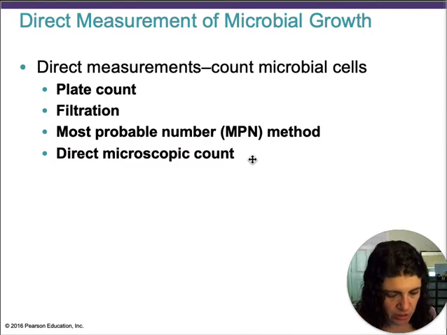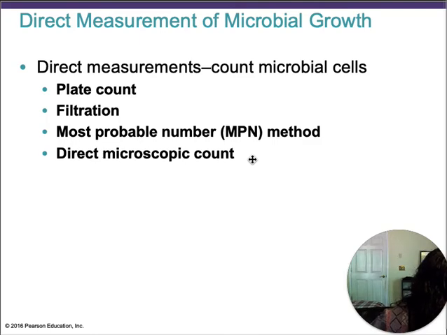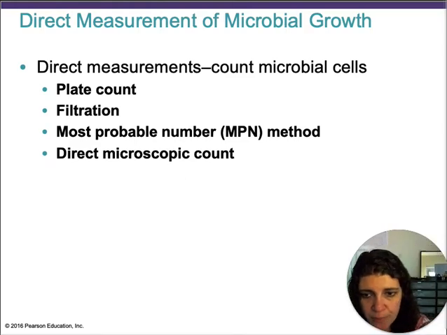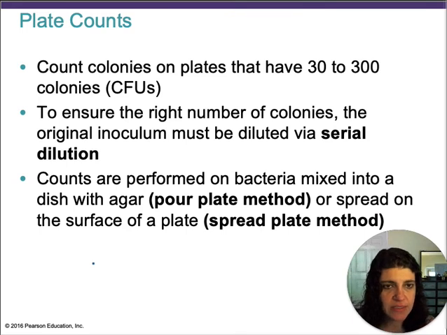In your learning objectives, I said to focus on serial dilution, plate count, filtration, and the microscopic count on a chamber. So we're not going to talk about MPN, okay? Plate count. So what is this? You're counting colonies on plates that have between 30 and 300 colonies.